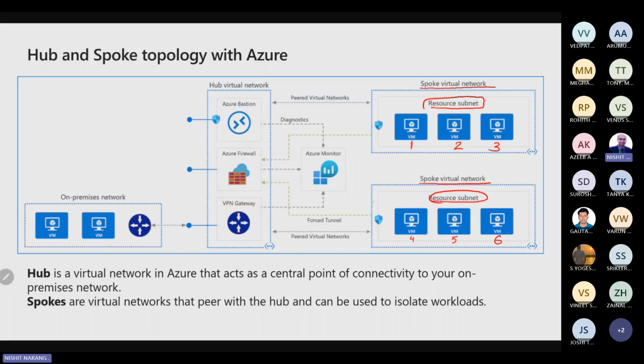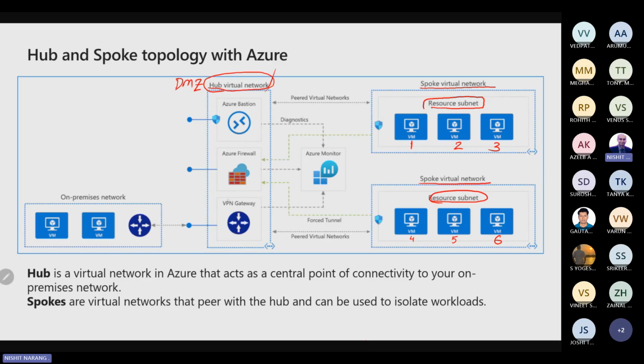These spoke networks are connected to the hub virtual network. And inside the hub network, in a way, this hub is acting like your enterprise DMZ, demilitarized zone, where you had your firewalls, IDPS systems for your enterprise. This is like your entry point to your virtual network on the cloud.